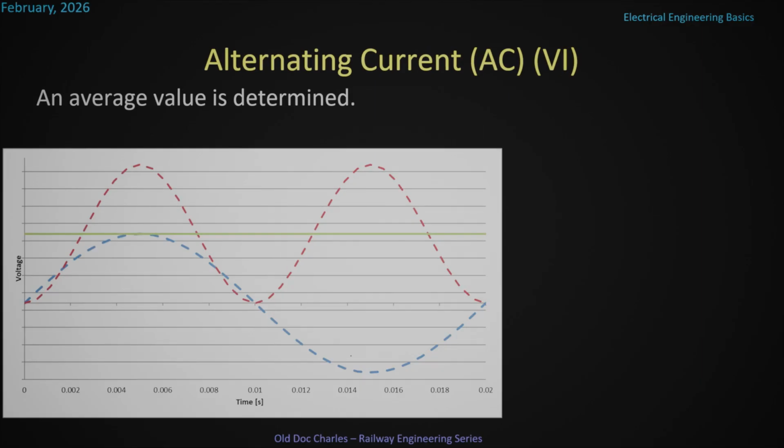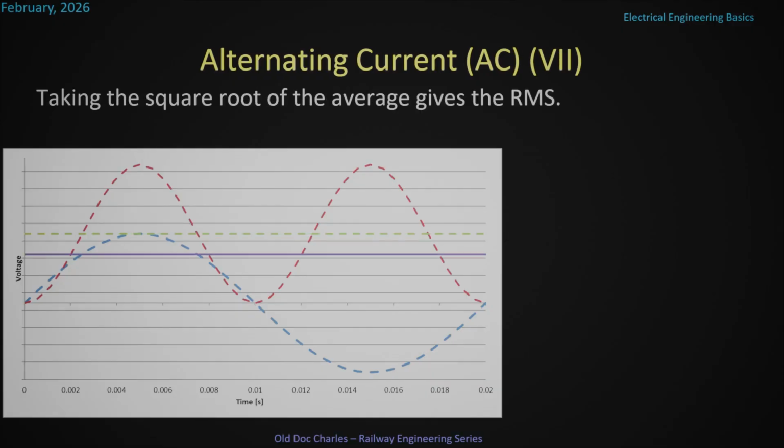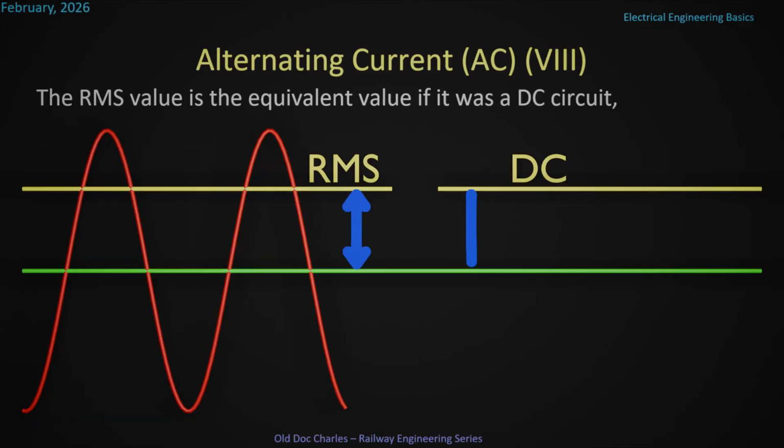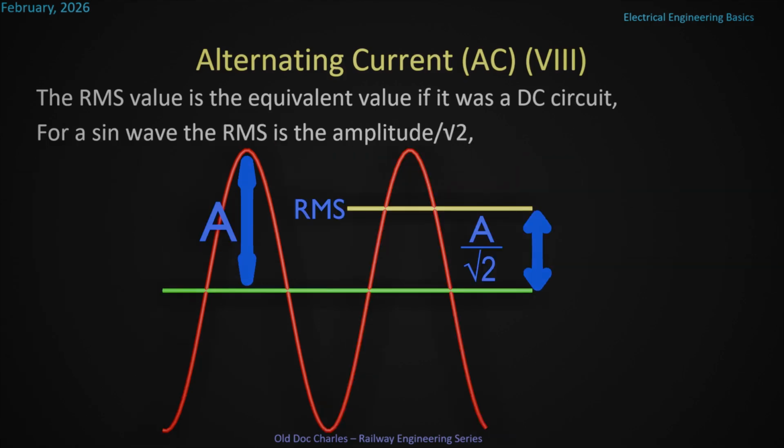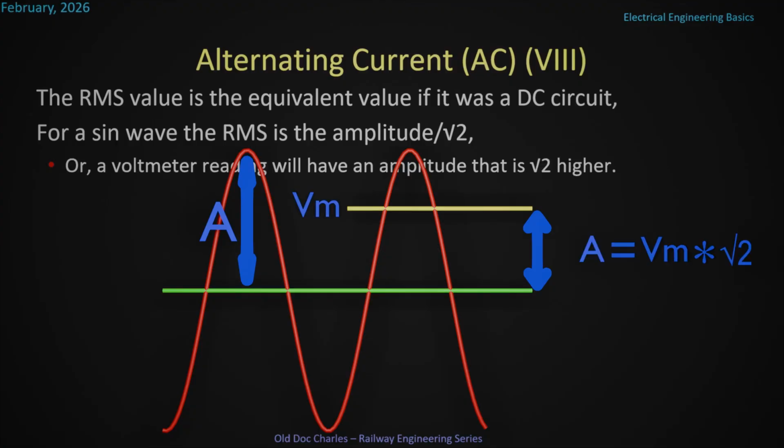Then we take an average value of that, and then we take the square root of that average value, and that gives us the RMS. The RMS value is the equivalent if it was in a DC circuit. For a sine wave, the RMS is the amplitude divided by the square root of 2. If you use a voltmeter, it gives you the RMS value, and the amplitude is the square root of 2 higher.